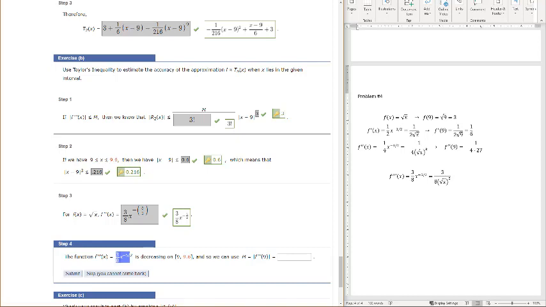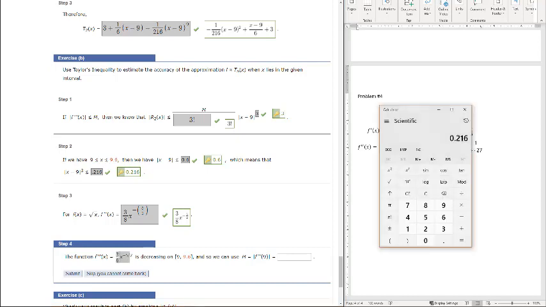So let's go ahead and take our calculators out again and put 9 in there. So I have 3 divided by 8, and then I want to multiply this by 9 raised to the 5/2.